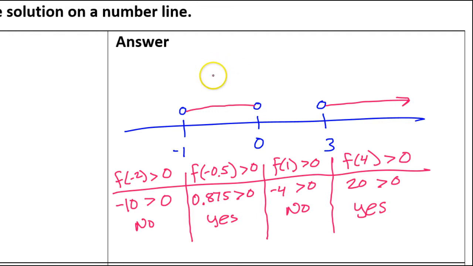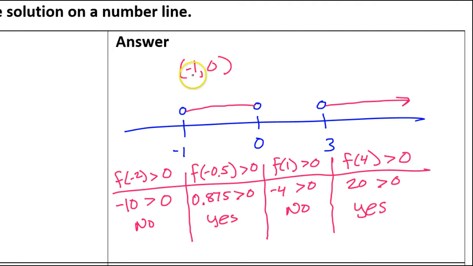So let's go ahead and write this in interval notation. For this set of values between -1 and 0, in interval notation I will put open parentheses -1, comma 0, close parentheses. I'm using parentheses, not square brackets, for the same reason that I used open circles.